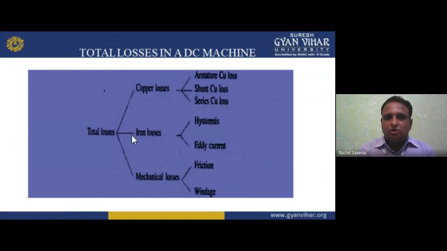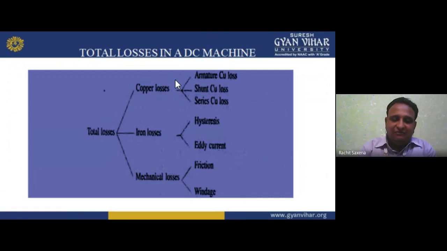Copper loss is known as copper loss because from ancient times the winding was made of copper. Now iron loss is basically due to the magnetic core material, the core which is made of magnetic material.